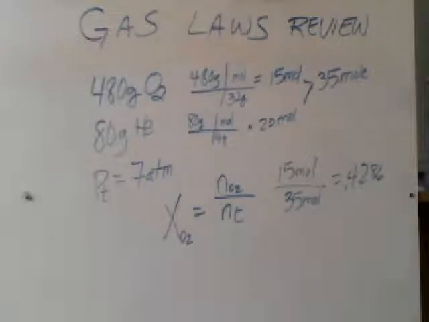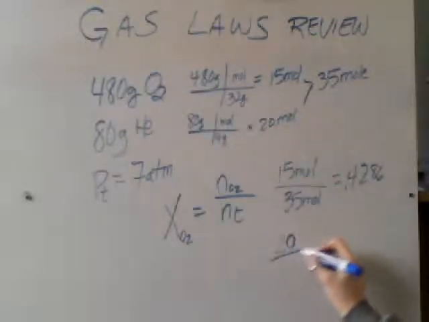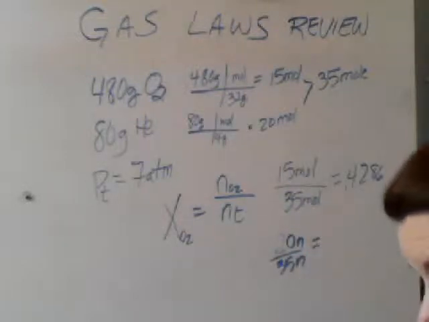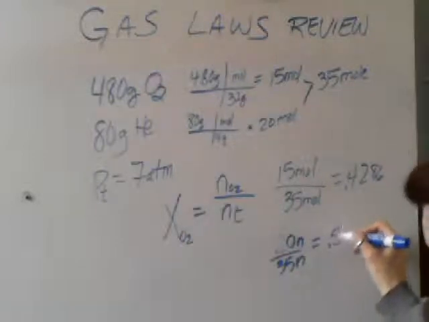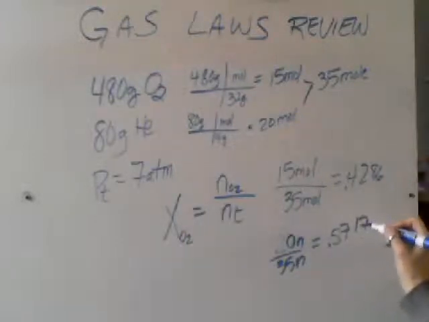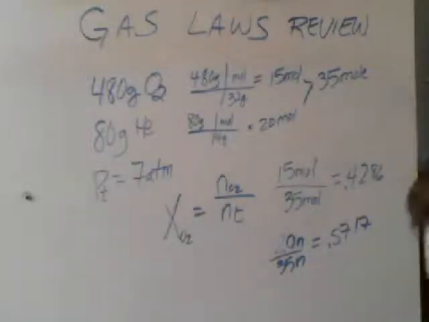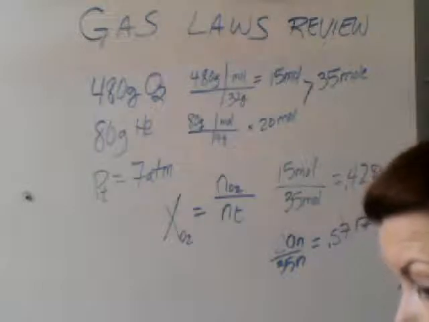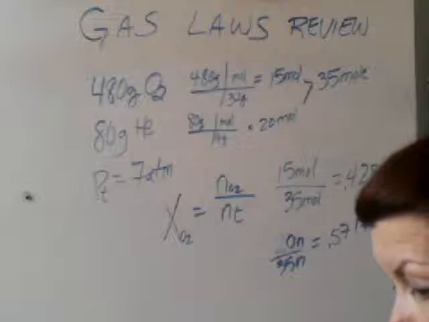The mole fraction for helium, we use the same equation, but we solve 20 moles of helium over 35 moles total, and we find out that the mole fraction for helium is going to be 0.5714. We could have also subtracted 42% from 100% and found the same number. And if we add those up together, they do give us 100%.